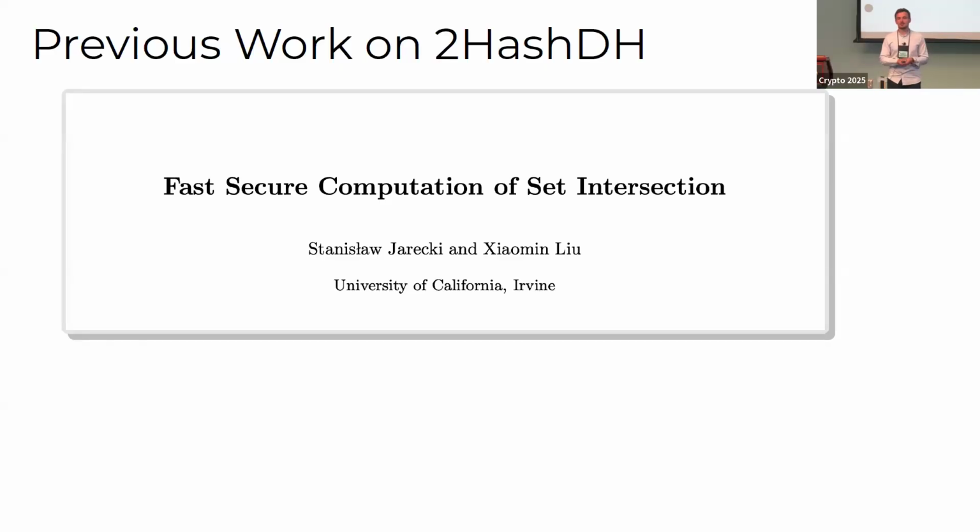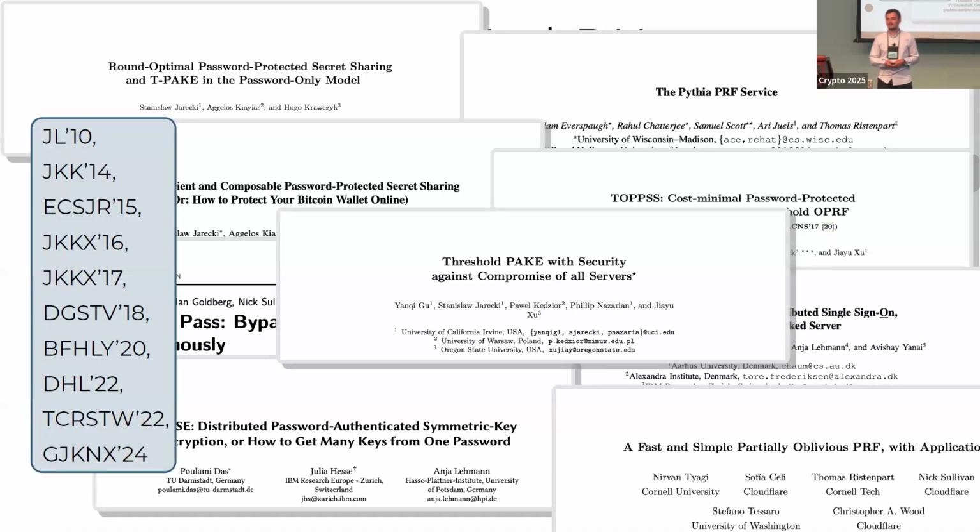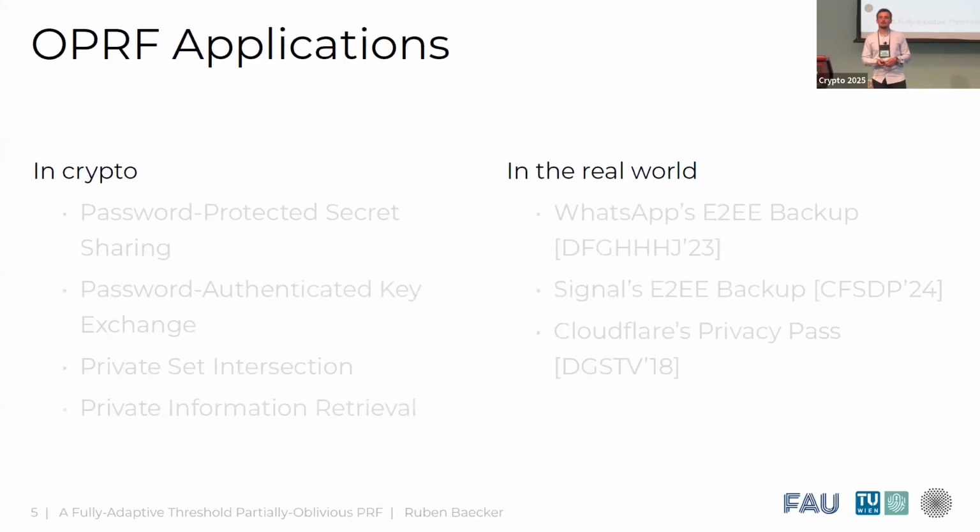The whole work around 2-hash Diffie-Hellman OPRFs was started by Jarecki and Liu, and that sparked a whole lot of follow-up work. This is not only new constructions, but also other papers that used it as a primitive, which would never fit on a slide. It also has applications in crypto.